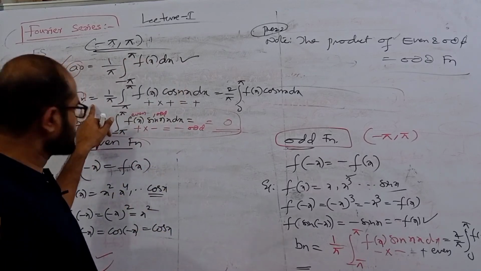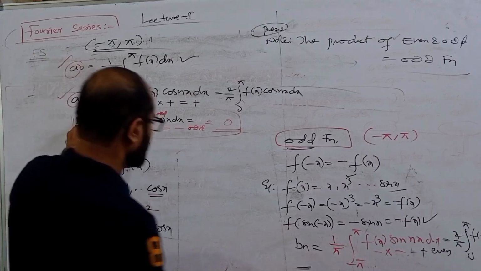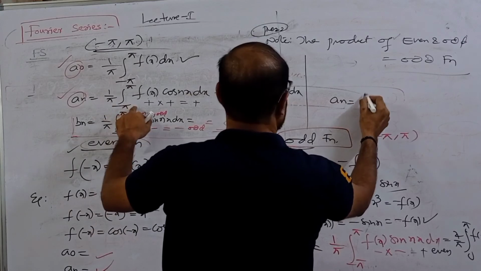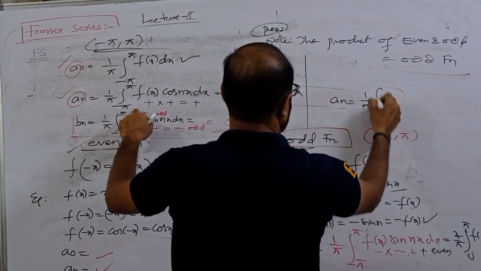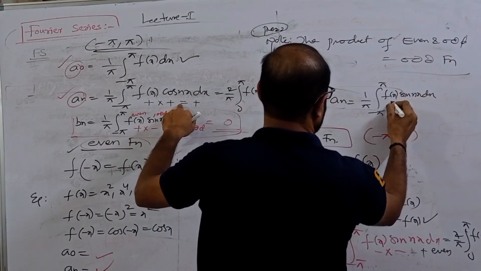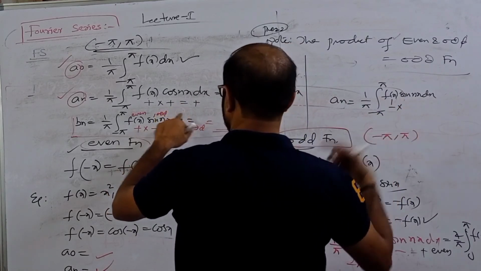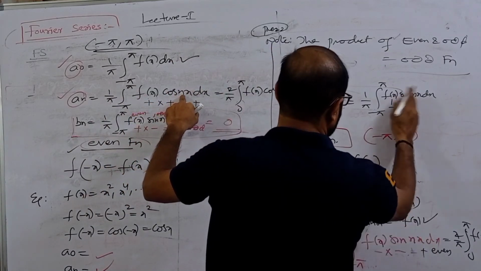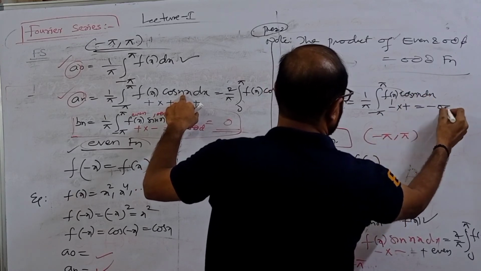If you want to find the an value in this, 1 by pi into the integral from minus pi to pi of f of x into cos nx dx, but f of x is odd, right? It is an odd function, negative, f of x into cos nx, and cos is even, so minus into plus you will get minus, meaning an odd function.